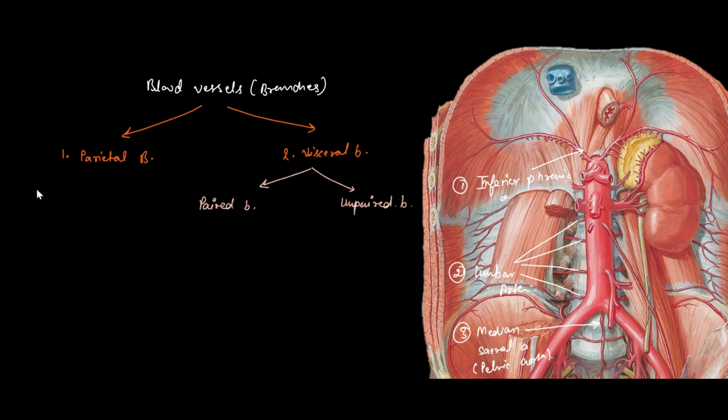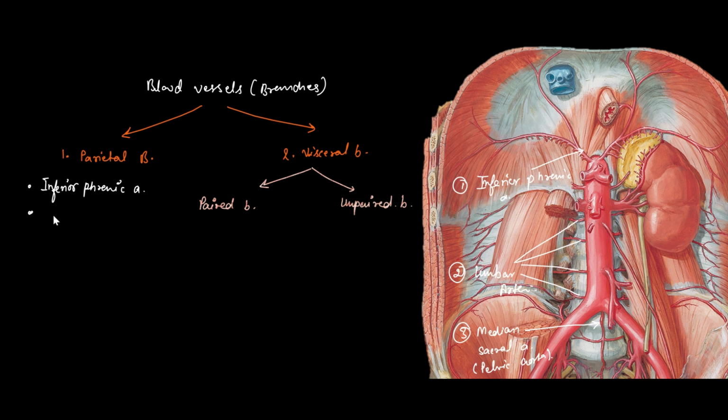So let's write down these all branches which originate from the abdominal aorta. The first one we studied is the inferior phrenic artery.